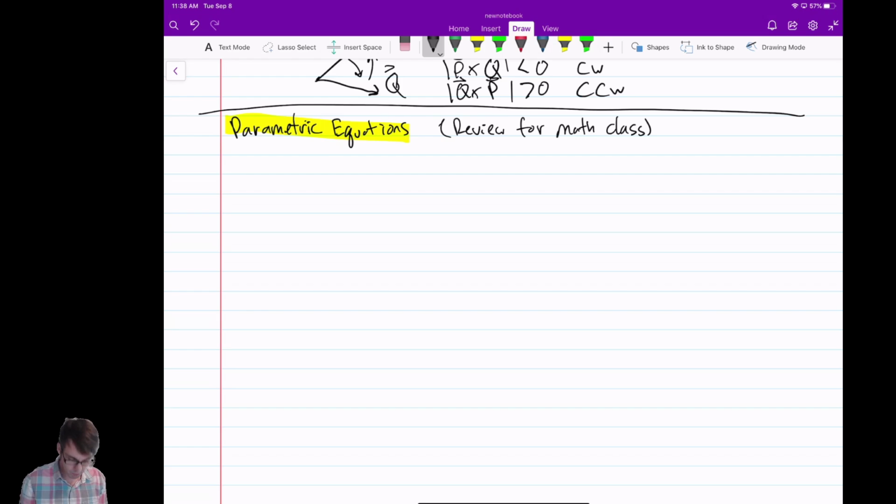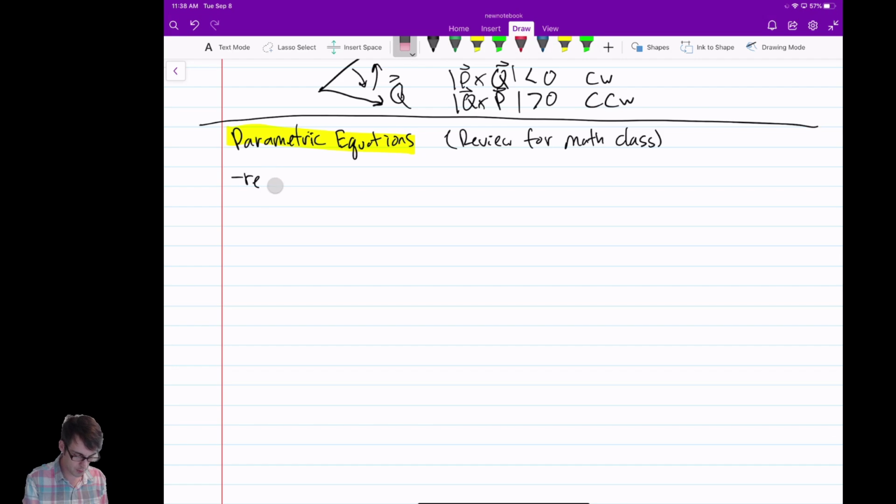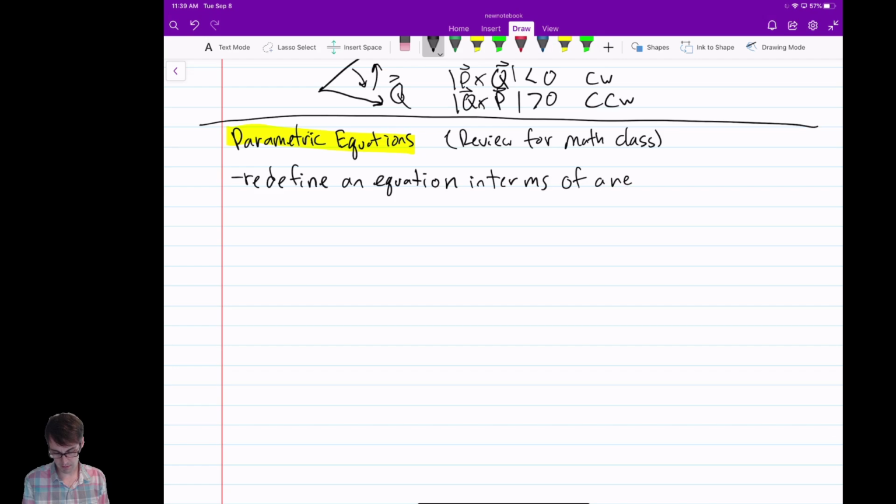So what we want to do for parametric equations is we want to redefine any formula we have, and the formulas we're going to use in graphics are like lines, circles, that kind of thing. So redefine an equation in terms of some new parameter.